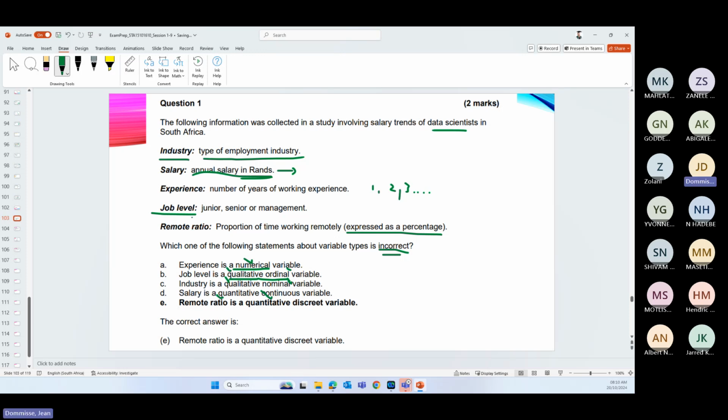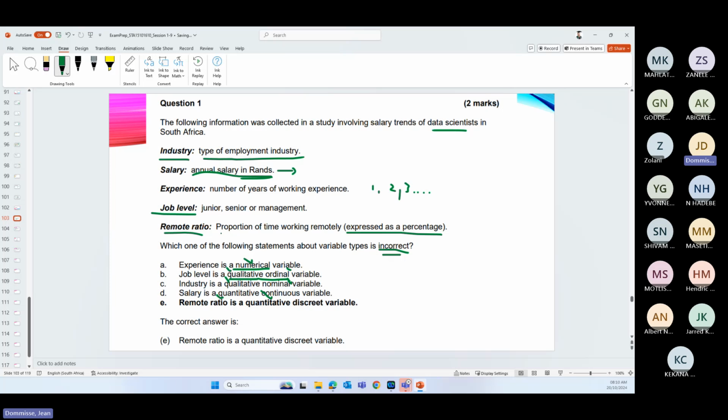Remote ratio: the proportion of time working remotely. I read it as a ratio, so don't get caught up, the variable is remote ratio. Is it quantitative? True, because it is numbers. Discrete? Okay, proportion of time working remotely.